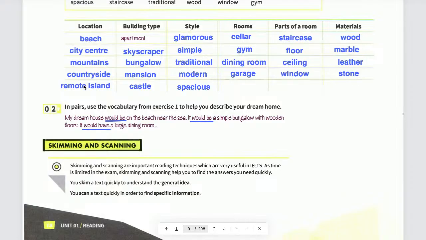My dream home would be in the city center. It would be better if it is designed like a mansion, and it would include many rooms, such as a large dining room to have tasty meals every day, and a wine cellar to have many types of wine to invite friends to have a party in my own house.